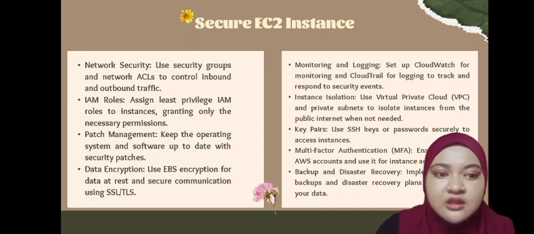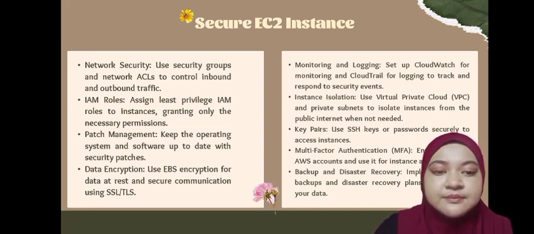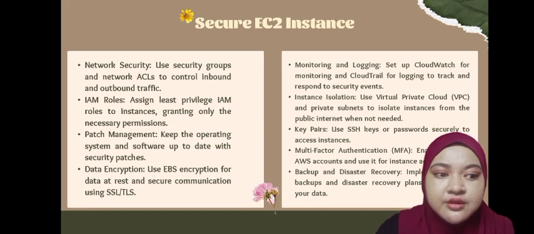Instance isolation: use a virtual private cloud, or VPC, and private subnets to isolate instances from the public internet when not needed. And then key pairs: use SSH keys or passwords securely to access instances.